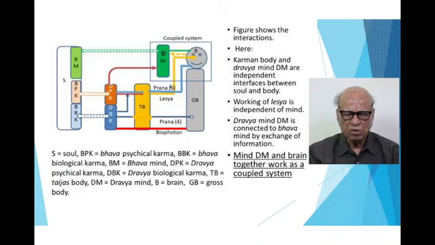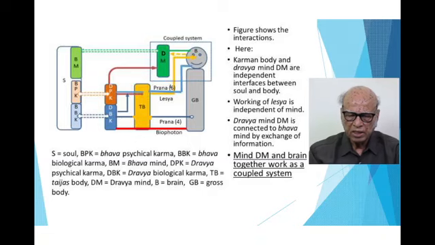As I told you in one of the earlier classes, the biophotons originate in the nam karma and interact with the cells of the body. That interaction is shown by a red line at the bottom.